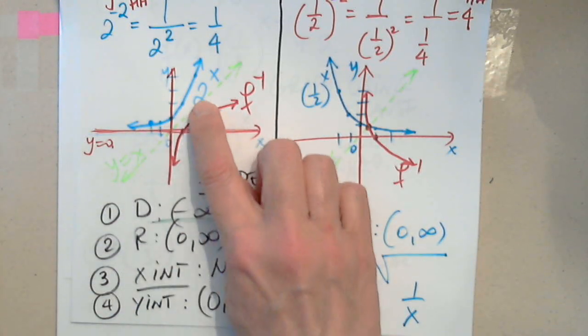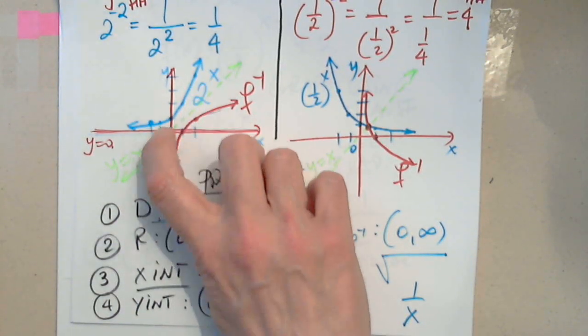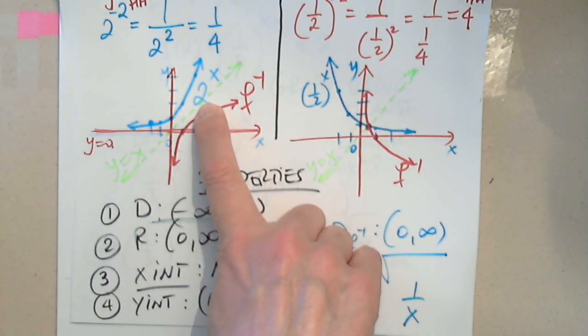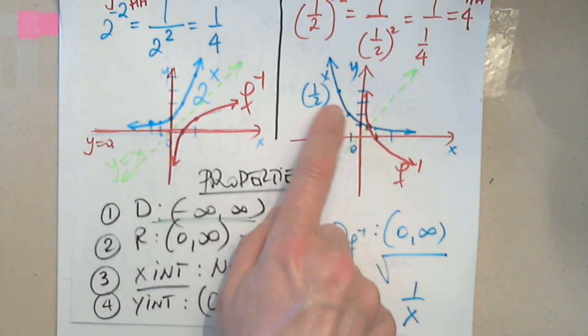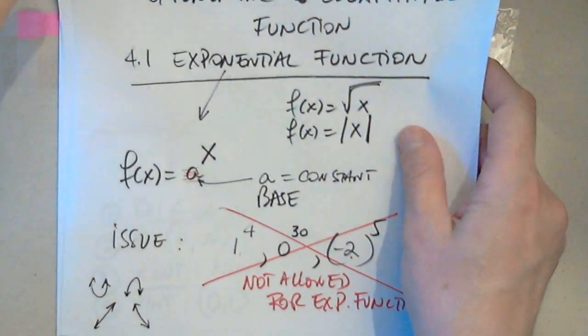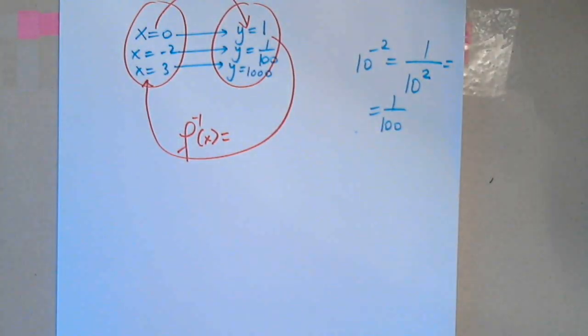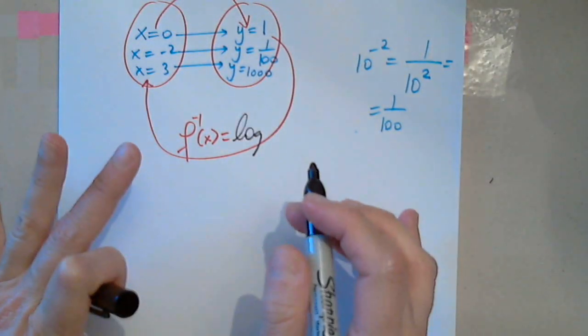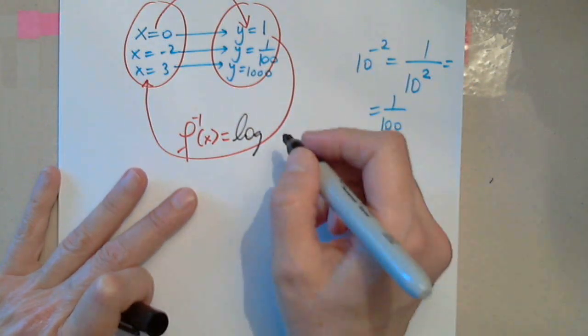So remember, I reversed these points. Reversing these points here, I have to have the same base. So when I reverse these points to get this function, I have to have the same base. So then, this is log base 10, which we don't write, you know, it's a phantom in there, x.